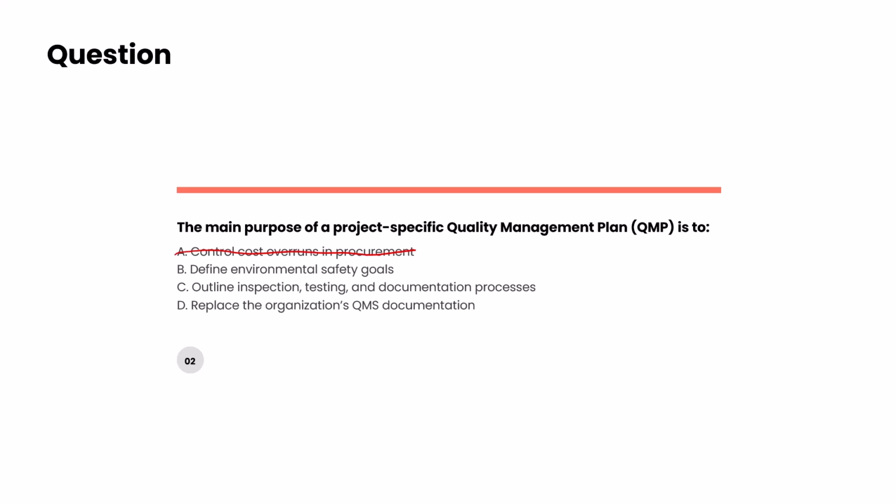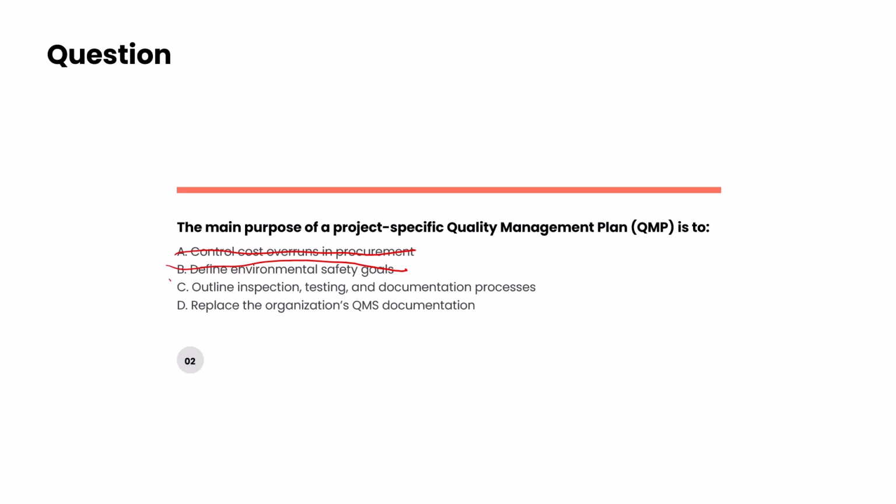Define environmental safety goals. Absolutely no. Now let's look at option number 3, which is outline inspection, testing and documentation processes. Yeah, maybe, yes. And choice number 4 is replace the organization's QMS documentation. You might get confused with that. But remember this, you have 2 main documents.